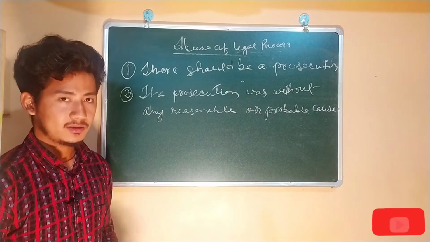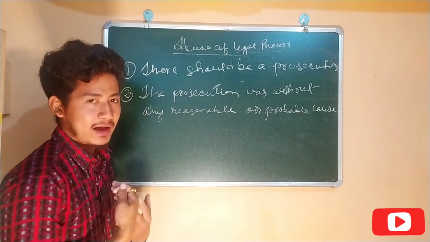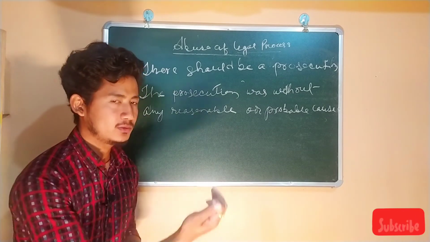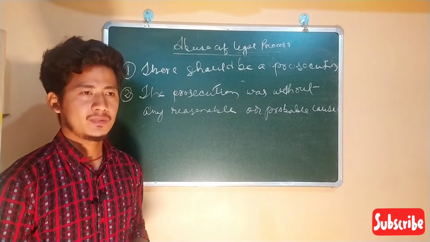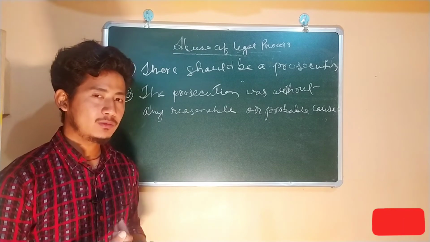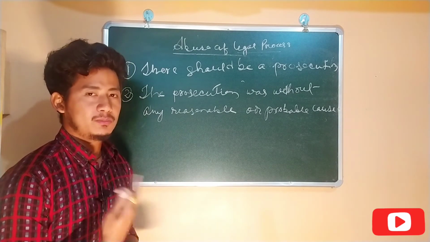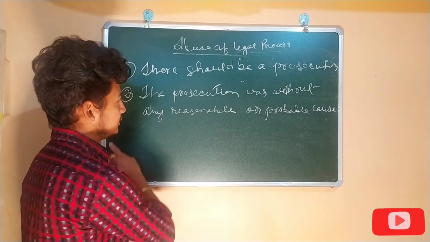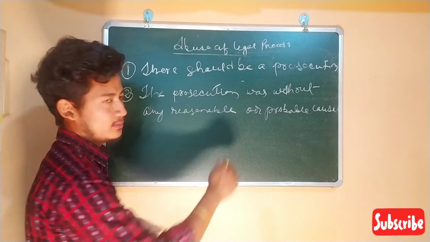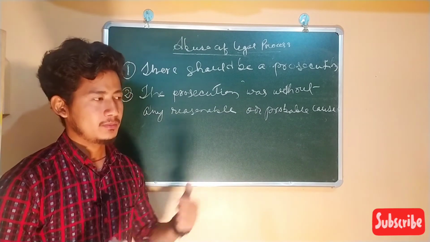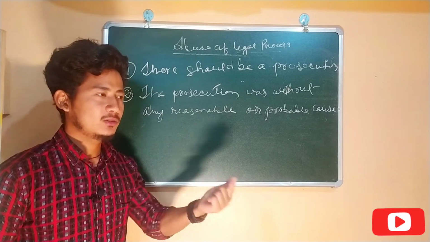Very simple, the case should be false. Suppose I am a plaintiff and I filed a suit against the defendant alleging that he has committed theft in my house, but in reality I know that this is a false case and I do not have any credibility to support my case. So I do not have any reasonable or probable cause. I have a beef about that guy, the defendant, and that's why I decided to harass him.